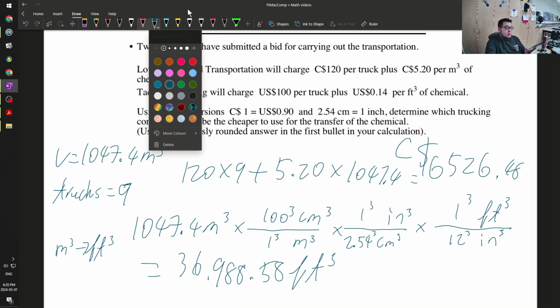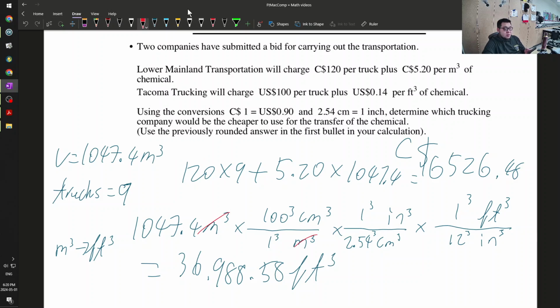Oh, and there's a bunch of units that just cancel out. Meters and meters cubed cancel out. Centimeters and centimeters cubed cancel out. Inches cubed and inches cubed cancel out, leaving us with feet cubed.